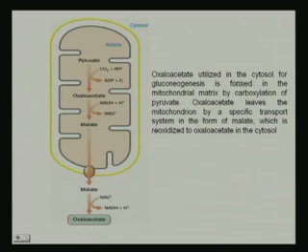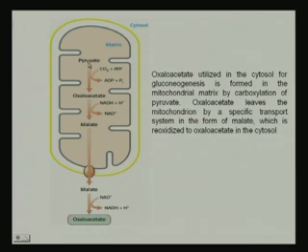Oxaloacetate utilizes the cytosol for gluconeogenesis. Oxaloacetate for gluconeogenesis is formed in the mitochondrial matrix by carboxylation of pyruvate. Oxaloacetate leaves the mitochondria by a specific transport system in the form of malate, which is reoxidized, and oxaloacetate is formed in the cytosol.